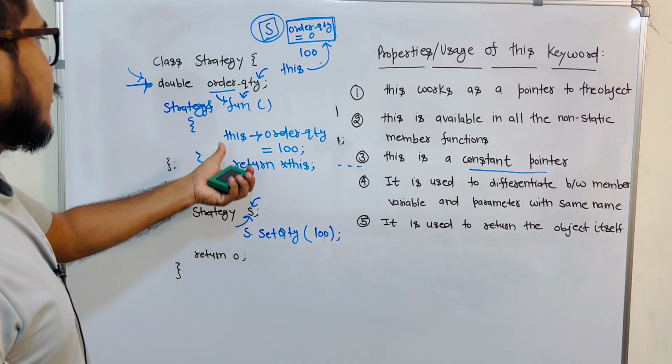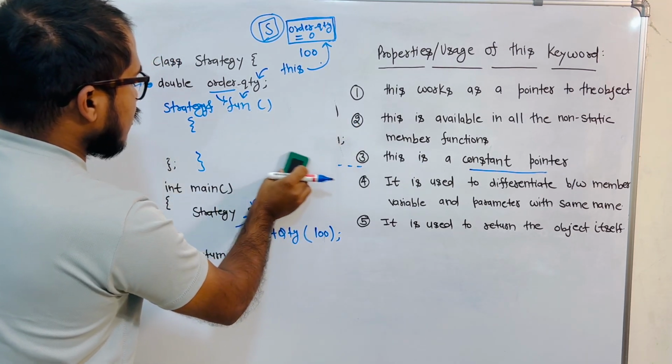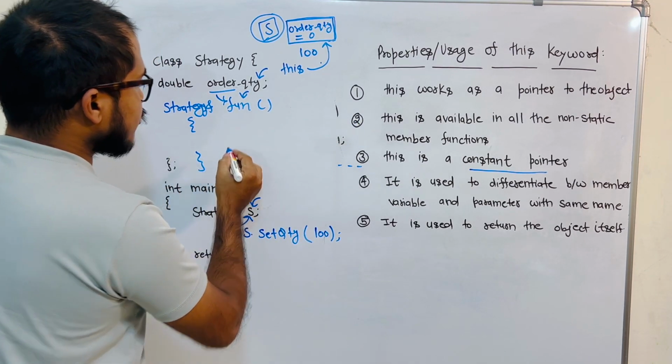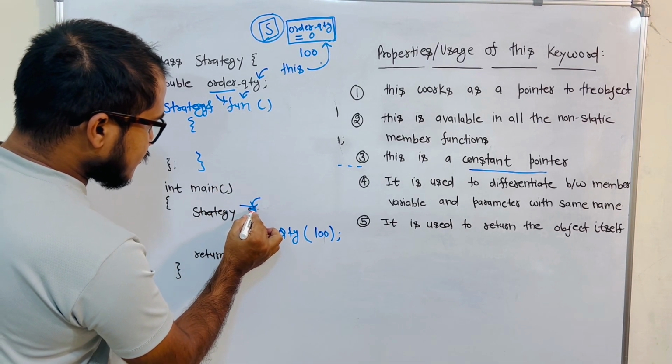And at the same time it might happen that I want to call a function which belongs to some other class, and there I want to access this particular object.